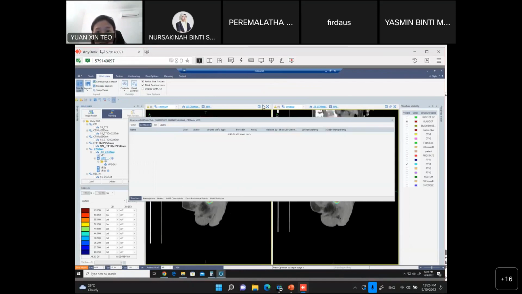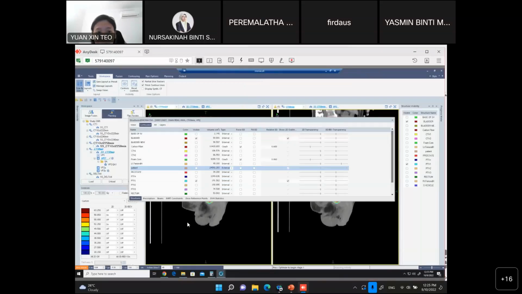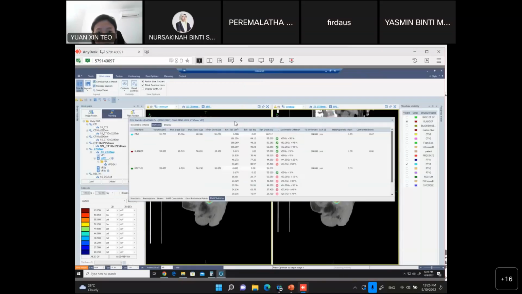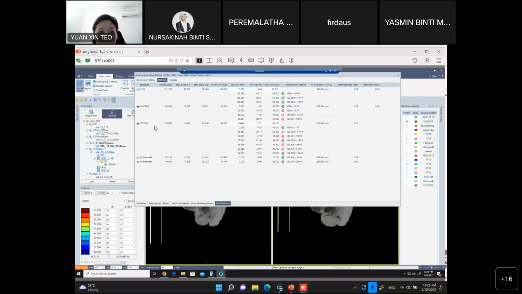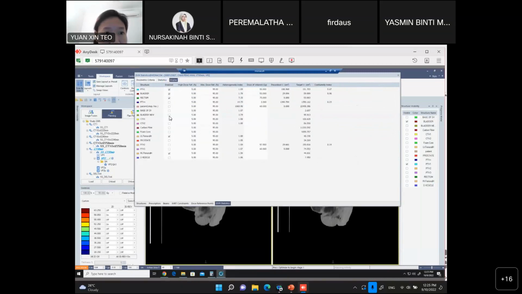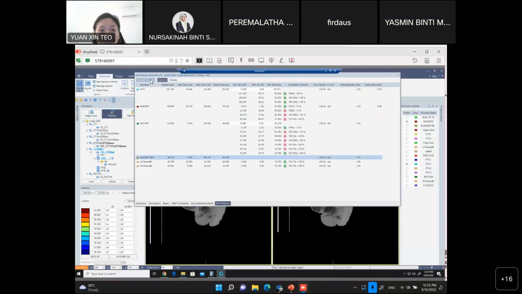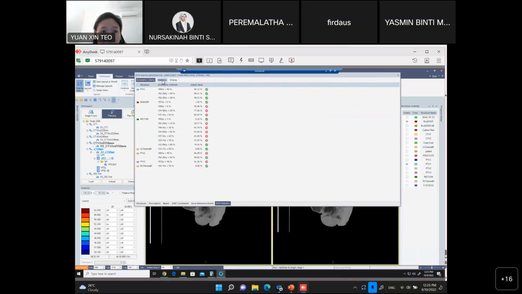So after I compare everything, this new bladder is the 60 minutes bladder volume. Yeah, this one I will save.